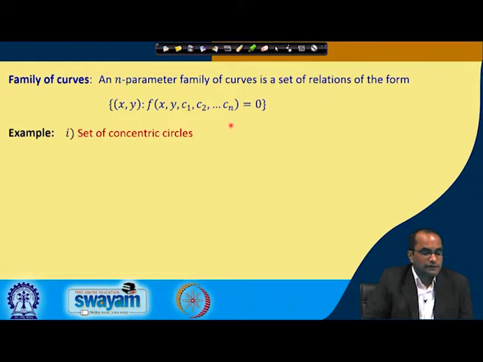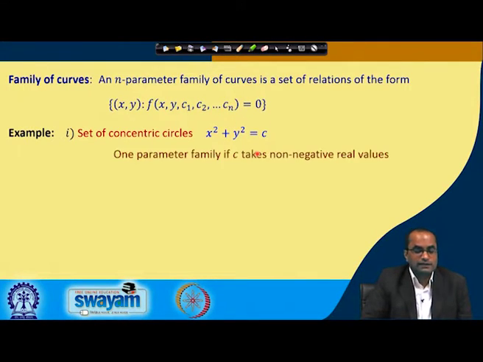The first example is the set of concentric circles, that means x square plus y square is equal to c, where c is a parameter. So, it is a one parameter family, and c takes non-negative real values, because x square plus y square has to be non-negative.